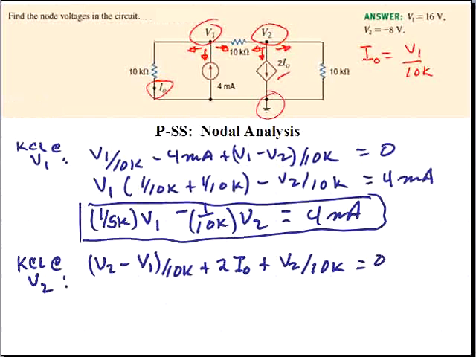Now we can, at this point, substitute the value that we determined for I sub O into this expression and rewrite this as V2 over 10K minus V1 over 10K plus 2 V1 over 10K. That is the term due to that dependent current source.